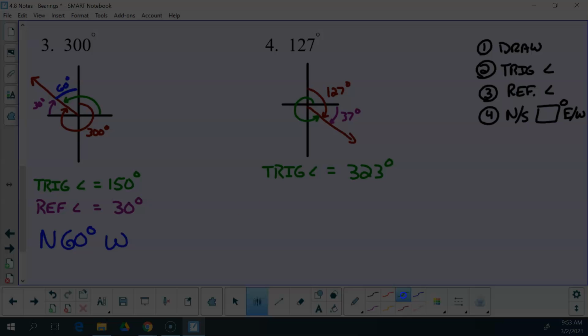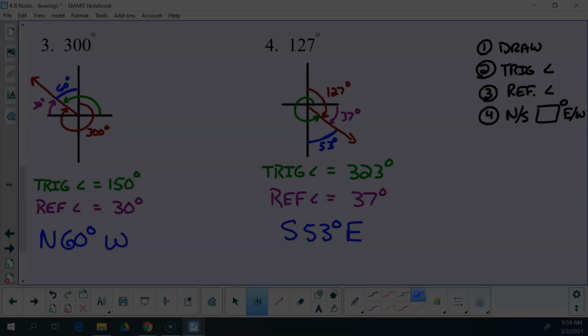My reference angle then would be 37 degrees. If my reference angle is 37 degrees, then 3 gets me to 40, 53 gets me to 90. So it would be south 53 degrees east.